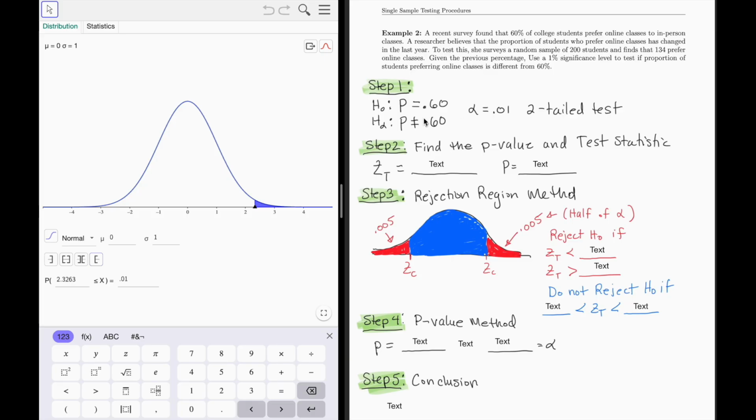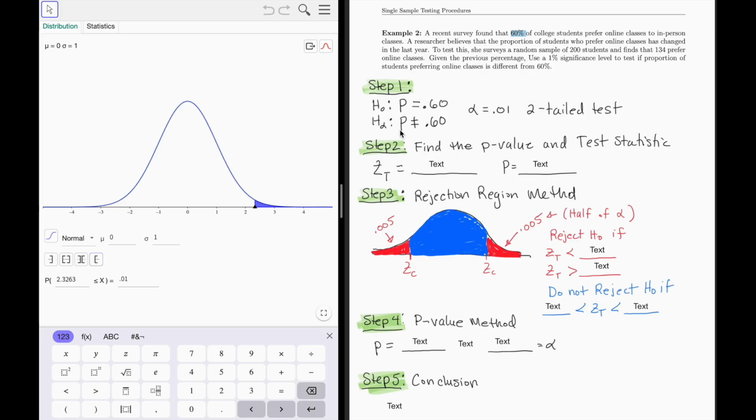So when I set up my null hypothesis, since we're doing proportions, we're going to use p is equal to, and then we're going to put our claim down of 0.60. And the claim that we're testing, the alternative hypothesis, is that something has changed. It's no longer 60% anymore.